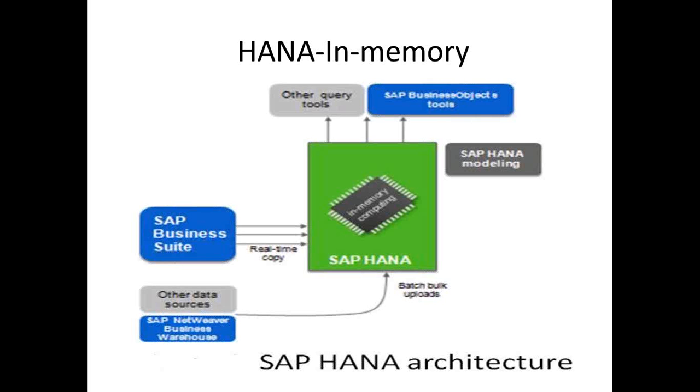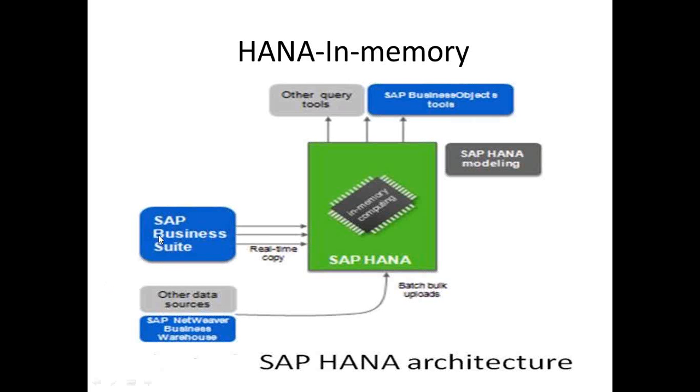Now, the basic roadmap for SAP HANA is depicted in this picture. You would have SAP HANA positioned as a standalone system, and you would have data coming in from multiple systems.